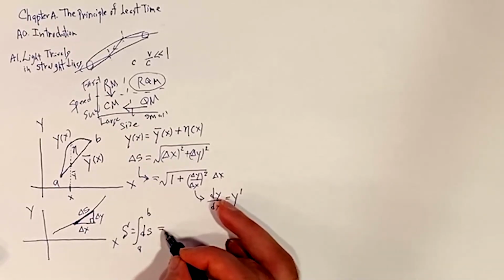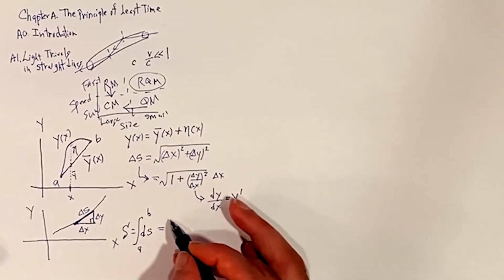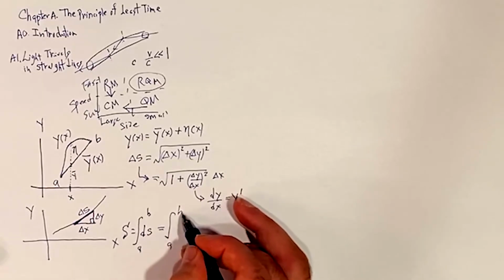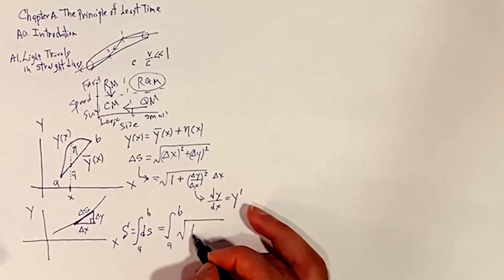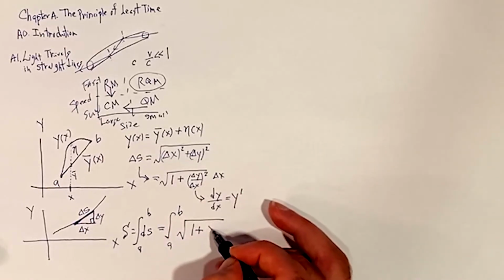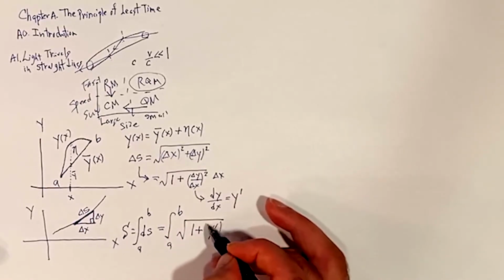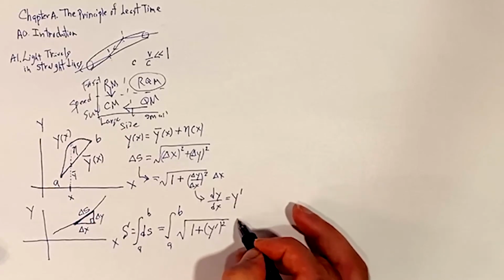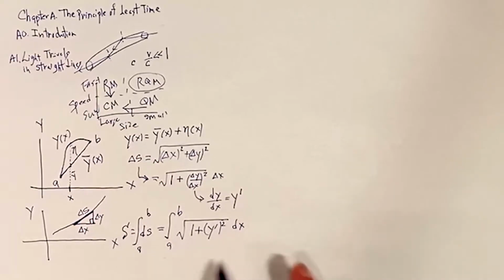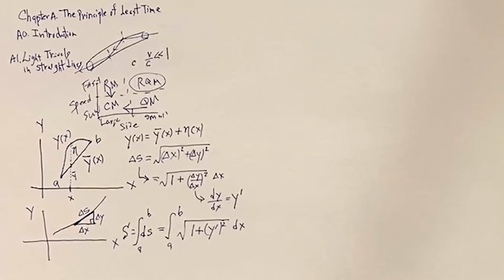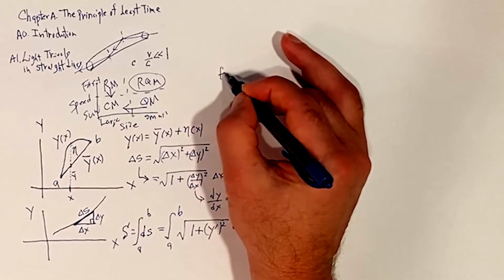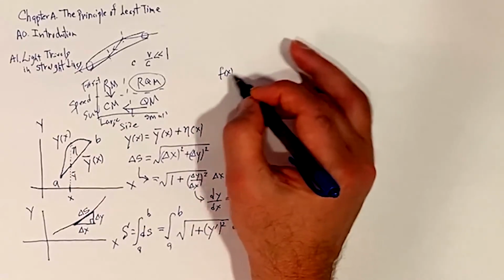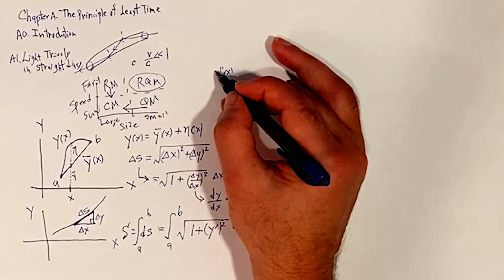So we're going to have the integral from a to b of the square root of 1 plus the derivative squared, dx. That's the integral that we want to minimize. Now you are familiar with max-min problems where you have some function, say f of x, and you want to minimize or maximize it, find the extremum.